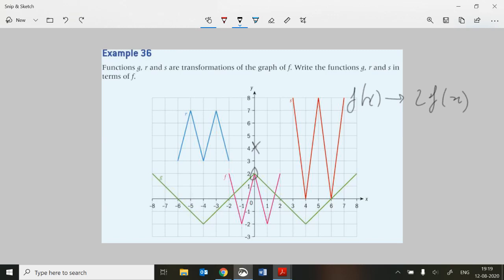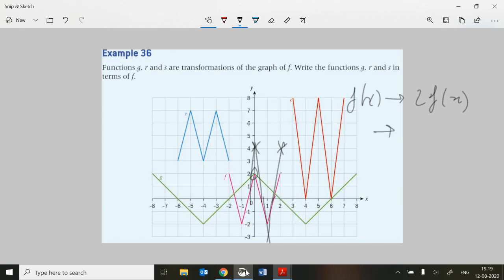Okay, so 0, 2 becomes 0, 4. And after we've done the correct stretch, this point is going to go to here as well, and it's going to go through there. It's going to go further down. Okay, so it's going to be the right shape. Same for the other side as well. So it's still going to be the same W shape, but now we need to move the thing as well.